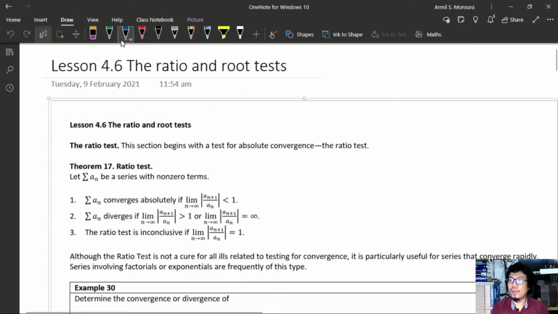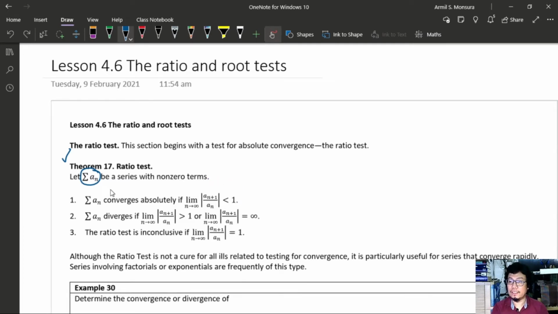Which are the root test and the ratio test. The ratio test is stipulated in Theorem 17. Let the sum of a_n be a series with non-zero terms.